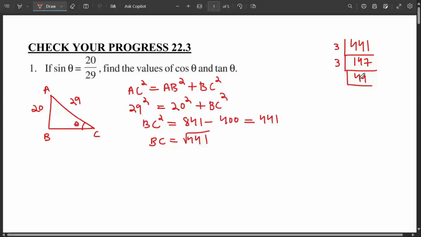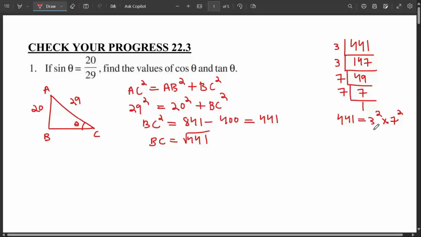Now 49 is not divisible by 3, so we have to consider the next prime number that divides 49. It is 7. 7 7s are 49, and 7 1s are 7. So the prime factorization of 441 is equal to 3 square into 7 square.